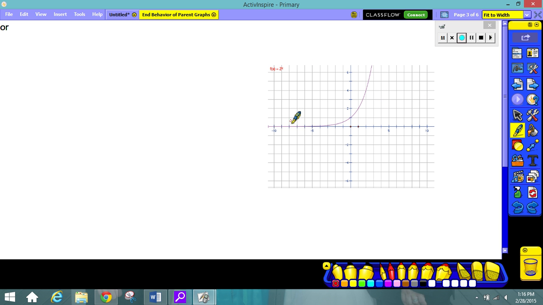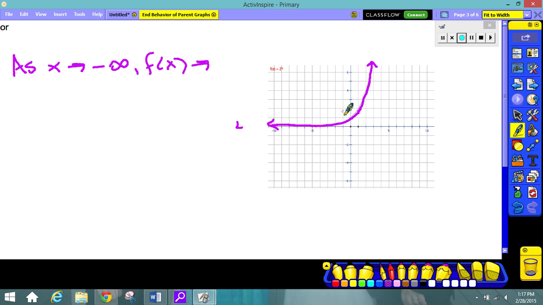And hopefully you recognize this is our exponential graph, and we know that our exponential graph is really hovering just ever so slightly above that x-axis, and as you can see, it starts to take off and it goes up. Okay, so on the left-hand side, we would say as x is approaching negative infinity on the left, f of x is approaching, we can't say positive infinity, the arrowhead's not pointing up.